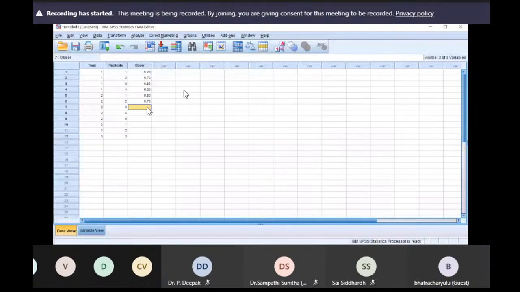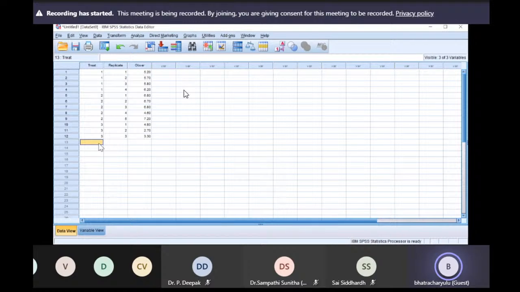You enter some observations randomly. Now treatments, replications, and observations are there.